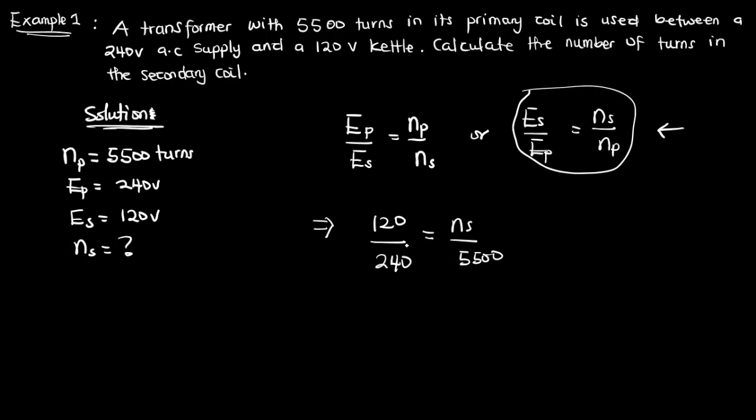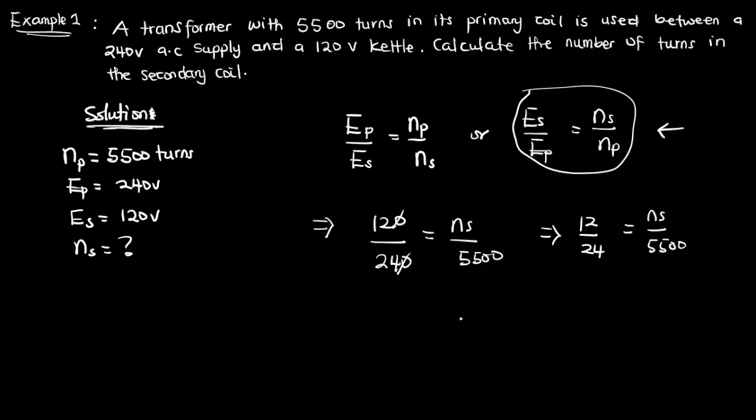So before I even do anything, I can cancel the 0 over here. So I have 12 over 24 equal to NS over 5,500. So from here I can cross multiply.